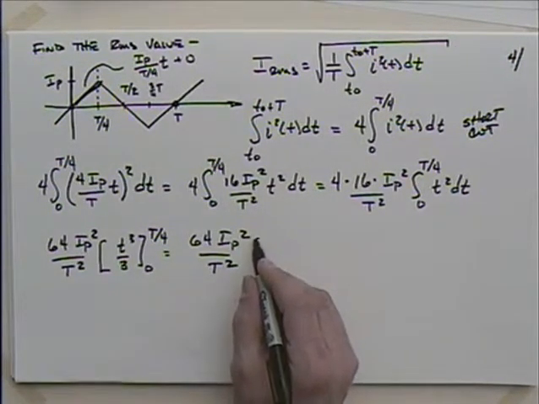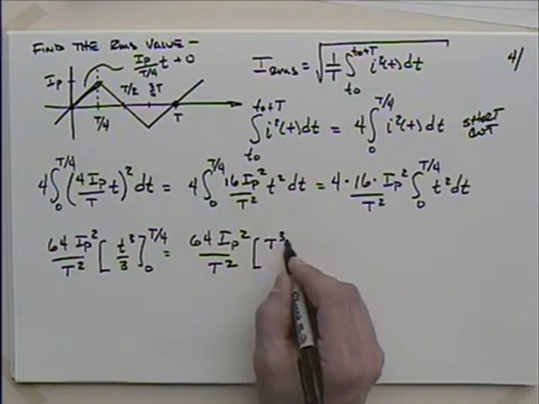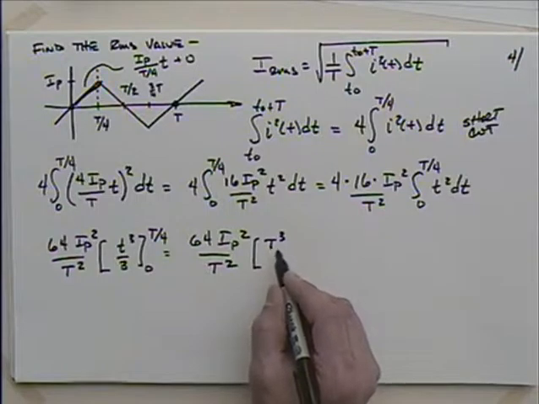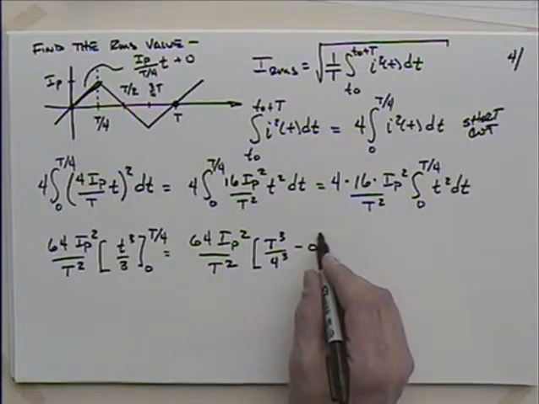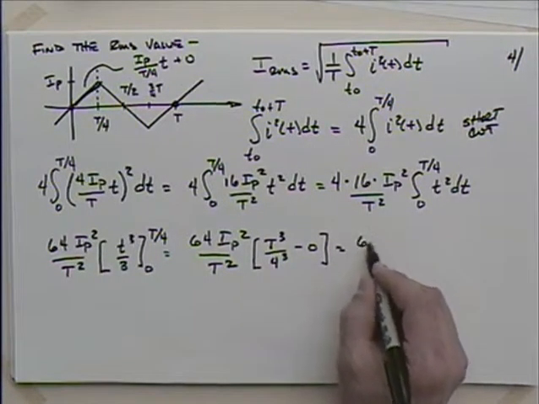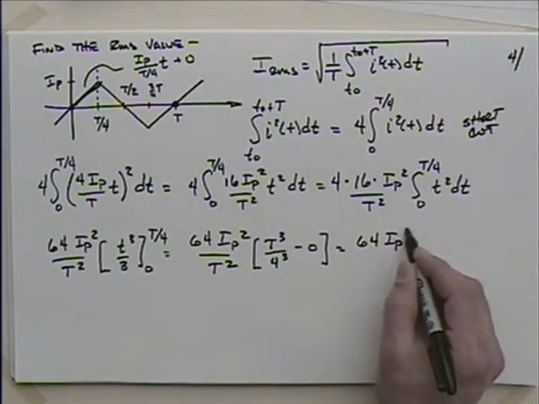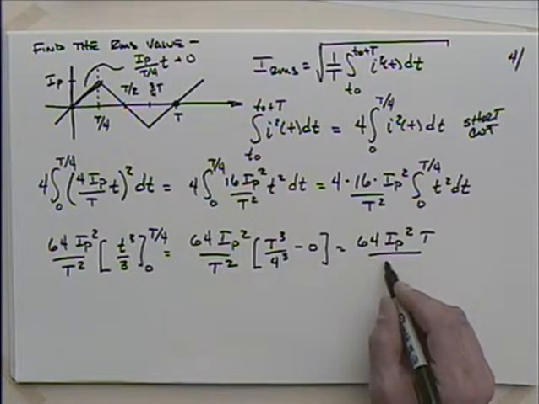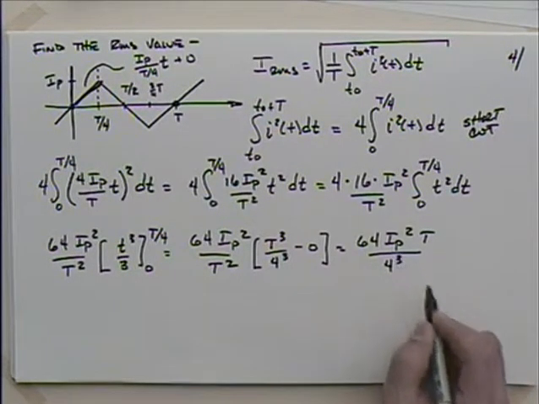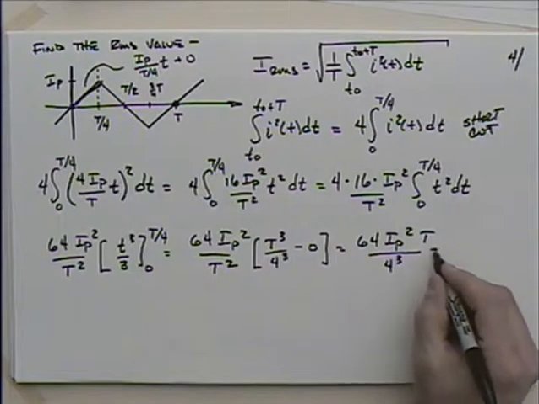So what are we going to have here? T cubed divided by 4 cubed minus 0. 64 peak value squared times T divided by 4 cubed. Let's see, what's 4 cubed? That's 64, isn't it?